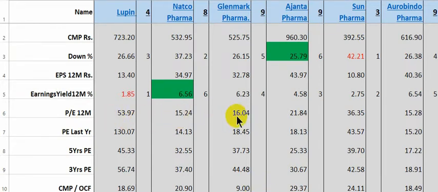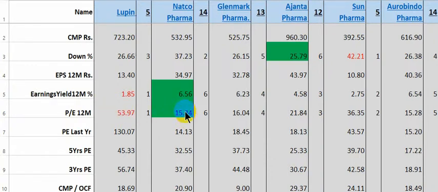In this case, the lower the price earning multiple, the better or higher the rank, and the higher the price earning multiple, the lower the rank. So as far as the recent price earning is concerned, Lupin is the most expensive. Its price is way too high compared to its recent earnings, that is 53 times, whereas Natco is available at just 15 times its earnings.